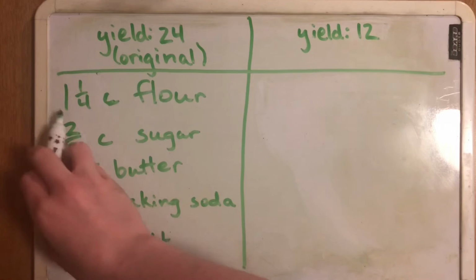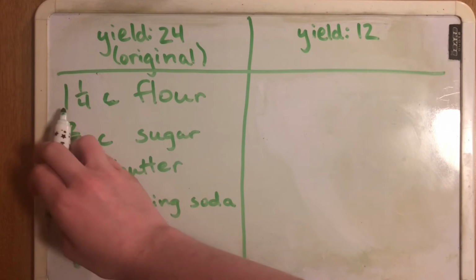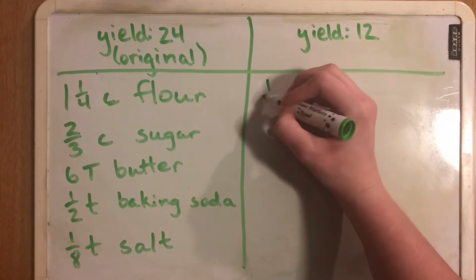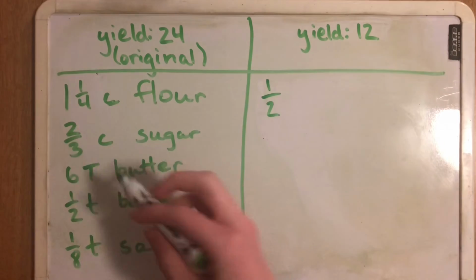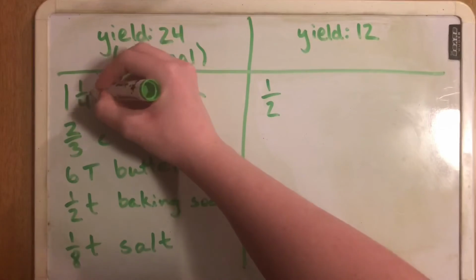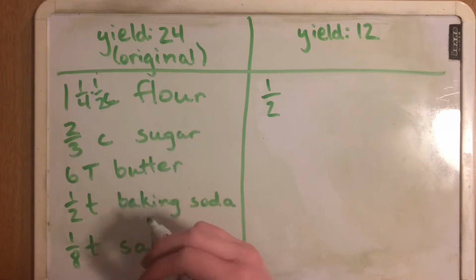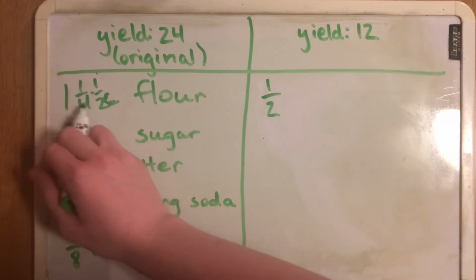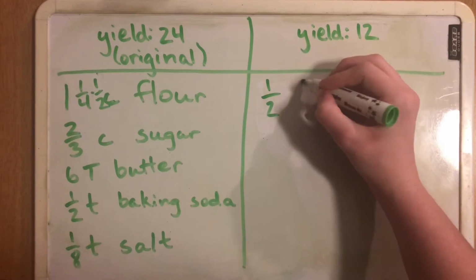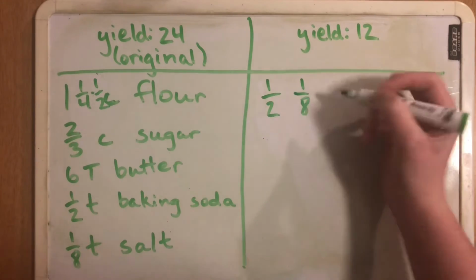I'm gonna use division to know that 1 divided by 2 is 1/2. And then for the 1/4, I'm gonna multiply by 1/2, since it's the same thing as dividing by 2. Multiply across to get 1/8.